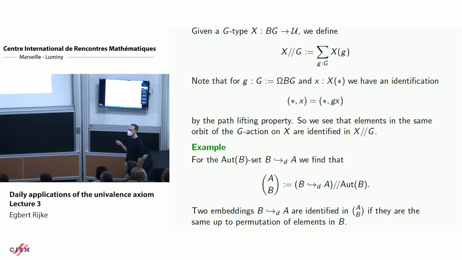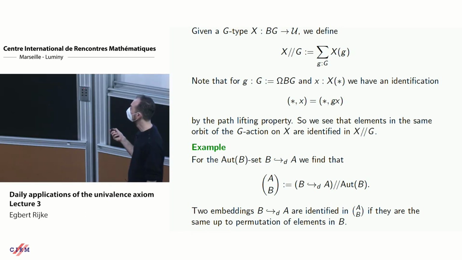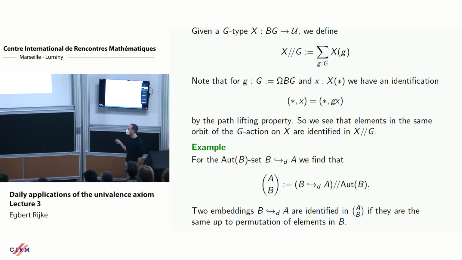And because every type family in homotopy type theory is a fibration, by the path lifting property along the path g, which is a loop in B of G, we have this identification from star, x to star, gx, which is an identification in the type of orbits.